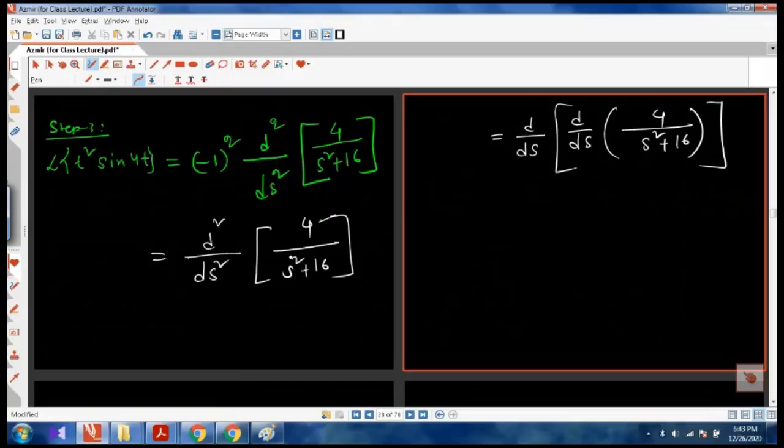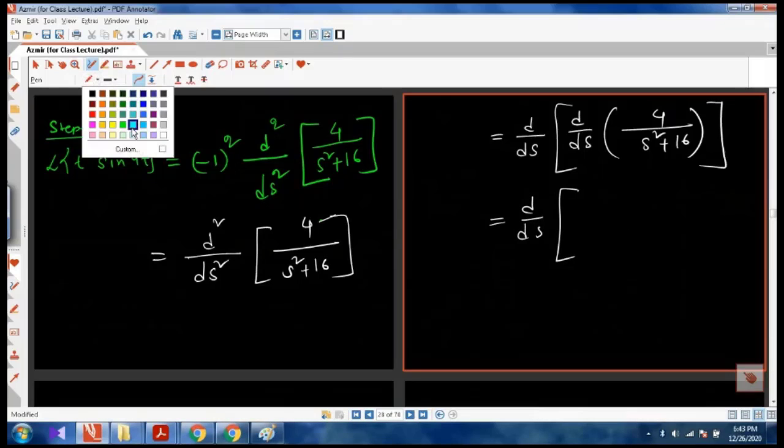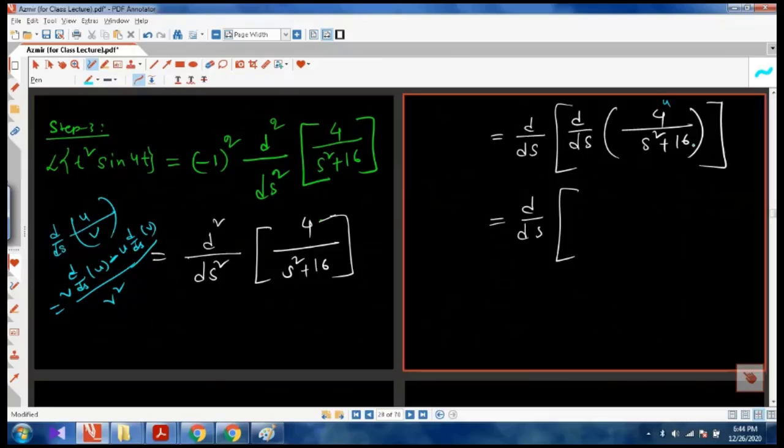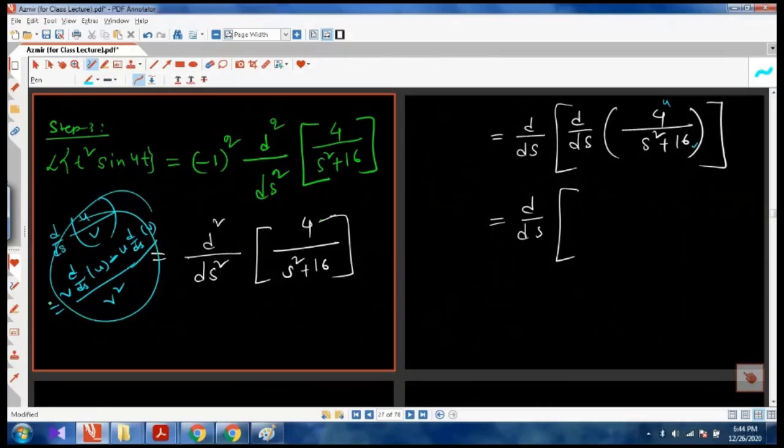Let's split up the differentiation. Now you know the property of differentiation, that is the differentiation of, let's say, u by v, that is v d/ds of u minus u d/ds of v, over v squared. So let's say the upper part is u and the lower part is v. Can you remember this formula?